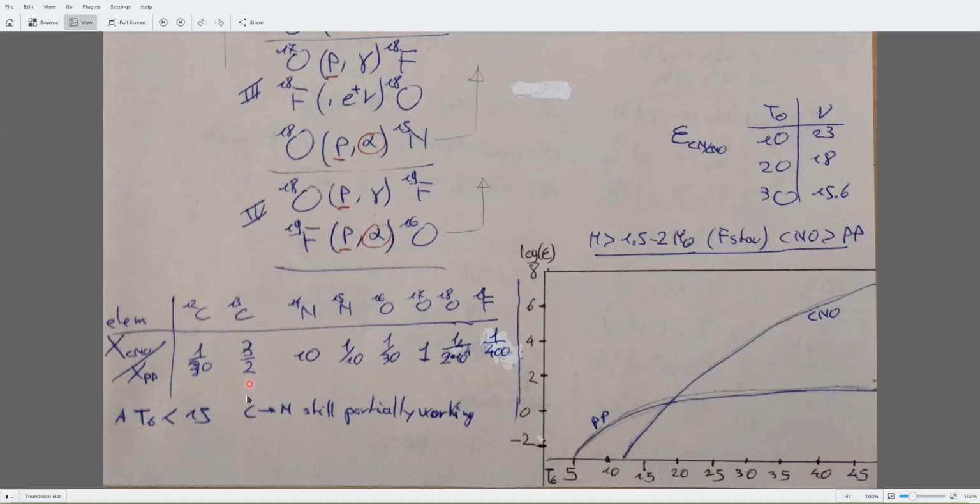And this is, okay, as I said, also at lower temperature, at least they convert carbon into nitrogen. And nitrogen is stable, it stays there. And obviously, these reactions are in the core, and the core is not connected with the surface. So technically, we cannot see a change in abundance because of the CNO reaction.